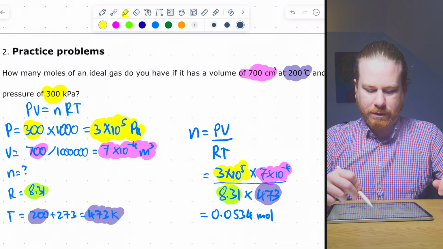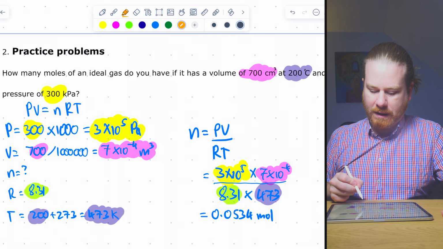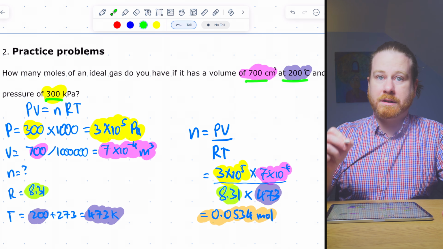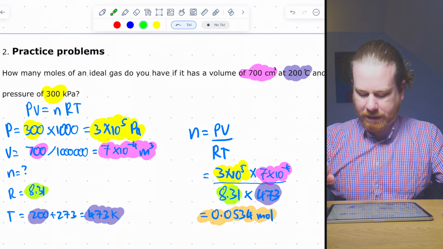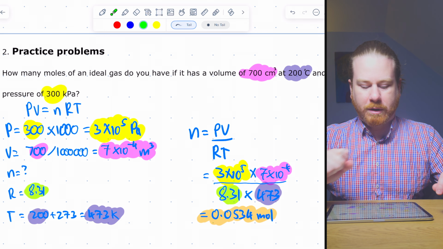Put all those numbers into your calculator, and as if by magic, you're going to get your answer. We've got numbers to 3 significant figures in the question, so our answer is to 3 significant figures. There we go, very straightforward.